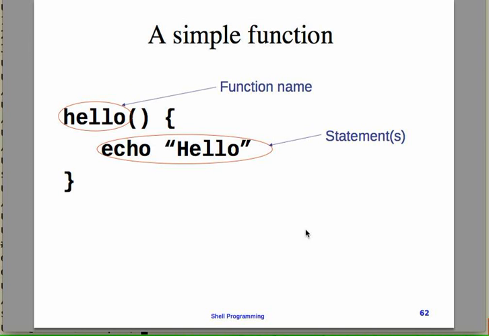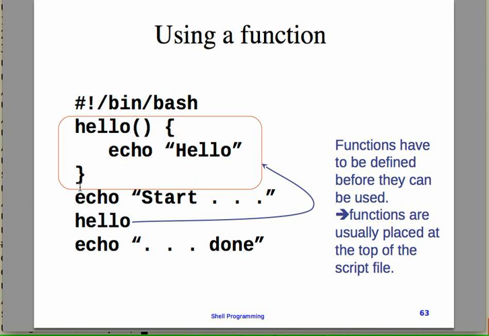So then the question is, how to use functions? Use a very simple function. You just say hello, open close parentheses, and here's the critical part, just like in Java methods or C functions, open curly brace, list of statements, and close curly brace. How do you use this? You usually put it at the top, and then after that comes sort of the main.